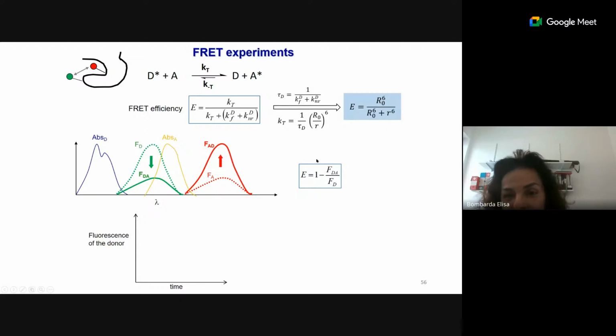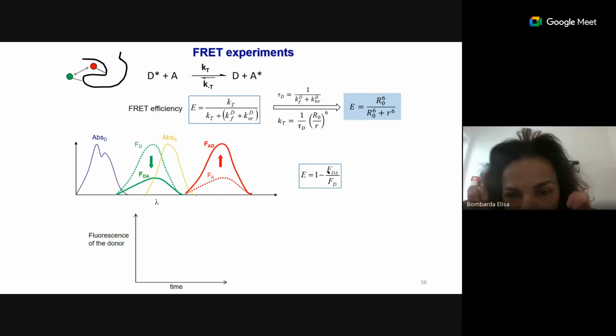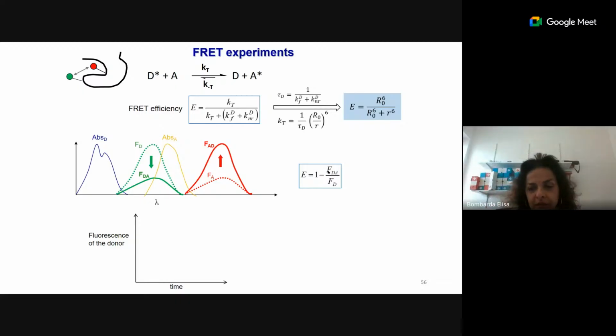What is lacking is the fluorescence that cannot be seen because there was energy transfer. So that is the practical way of measuring the efficiency.